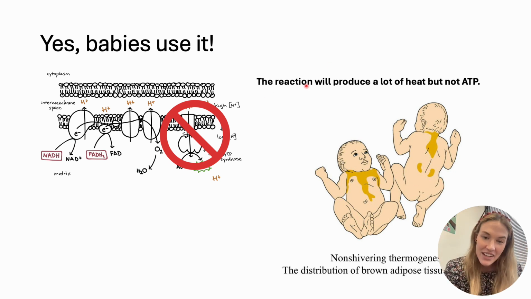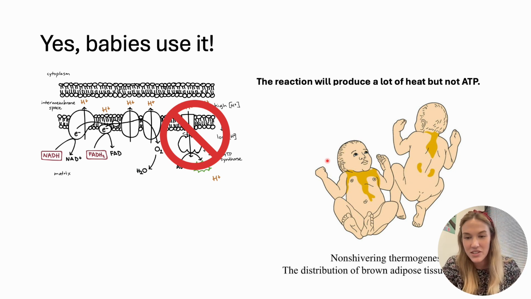So instead of having a bunch of ATP synthesized, they release it as heat. And that's because babies don't do a good job shivering. They are not moving. They can't generate heat in the way that adults and other people who can move very easily can. And so this is a type of non-shivering thermogenesis. It's really cool. I recommend spending more time looking at it.